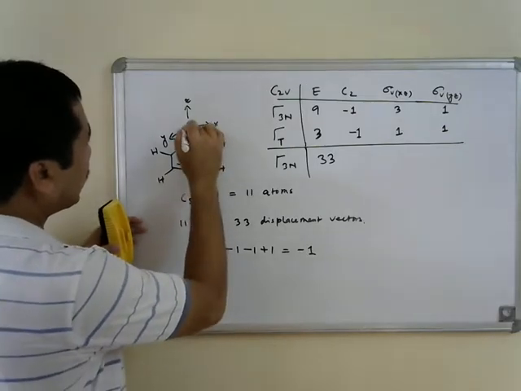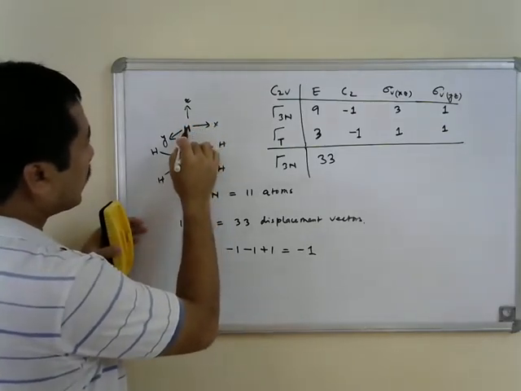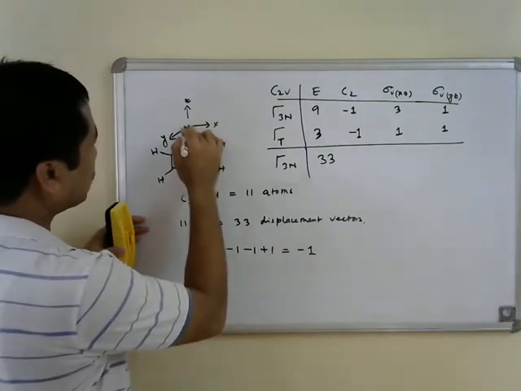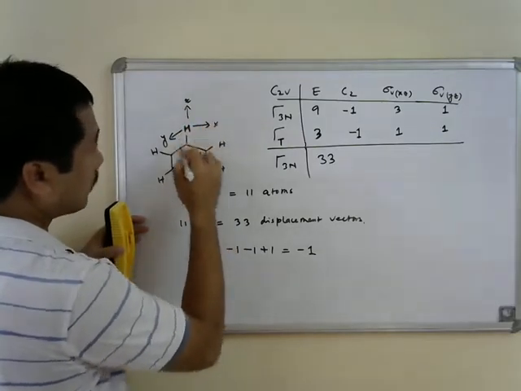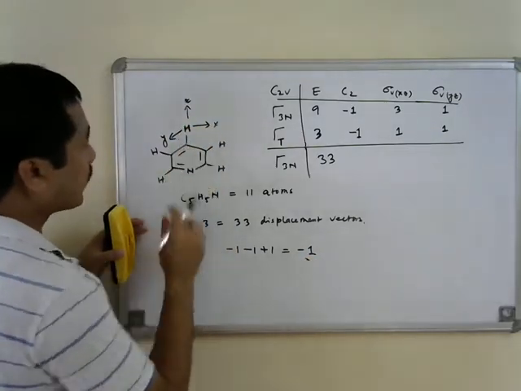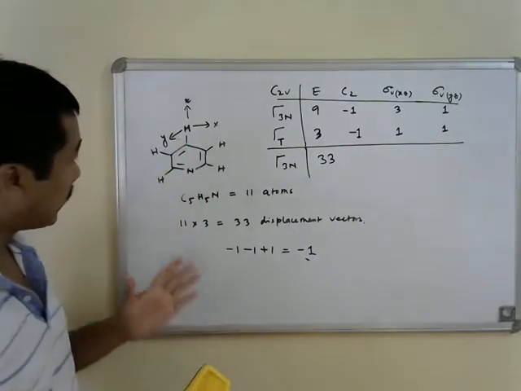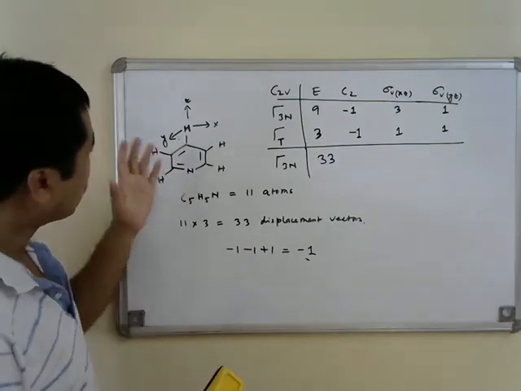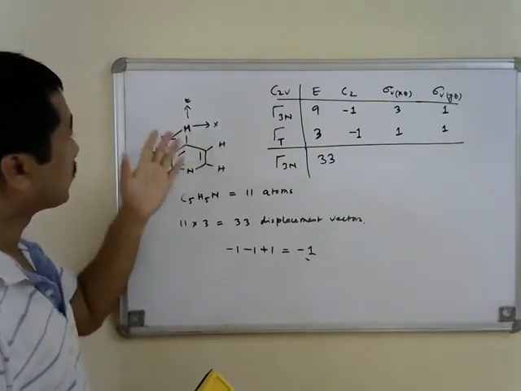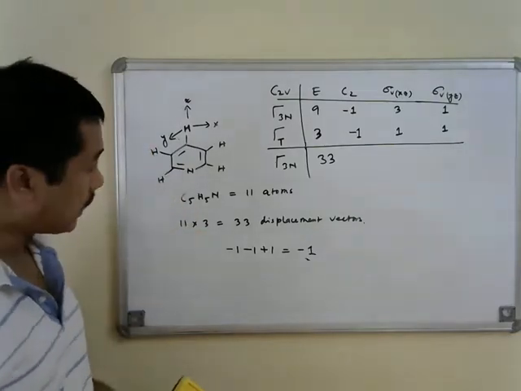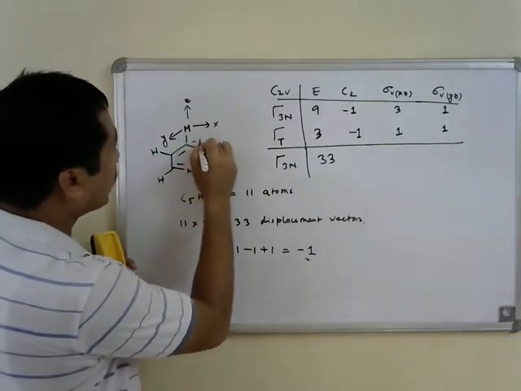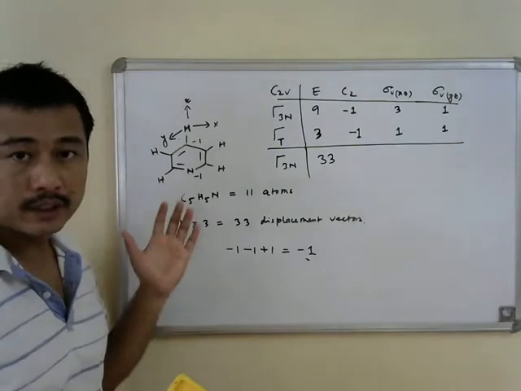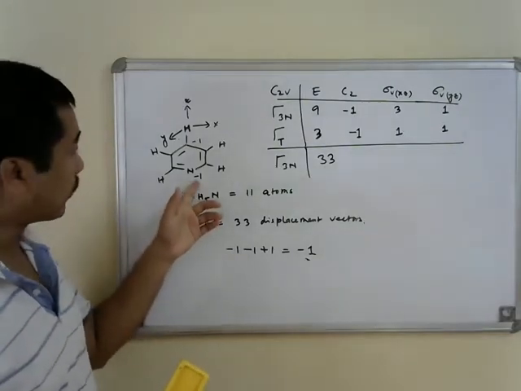This is what we get for the displacement vectors on the hydrogen atom only, so the character for the displacement vectors on the hydrogen atom is going to be equal to -1. Then we look at the displacement vectors on this carbon atom, and again the x, y and z axes change orientation the same way that the Cartesian coordinates change direction in the case of the hydrogen atom, and that is why we again get a character equal to -1 for this carbon atom. Similarly, in the case of the nitrogen atom also, the displacement vectors will give a total character equal to -1.